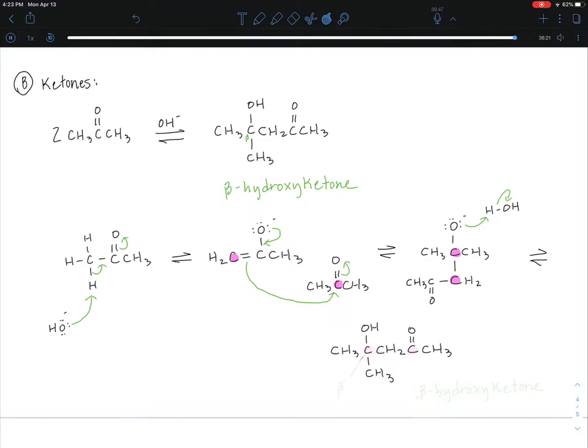Here's your beta carbon right there. So this is a beta. So we've got our two carbons right there.